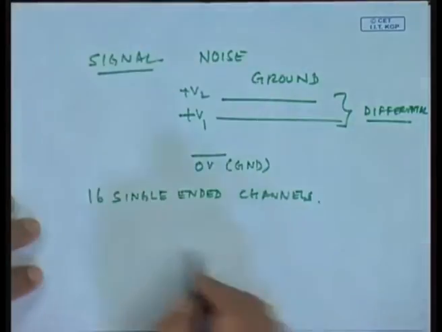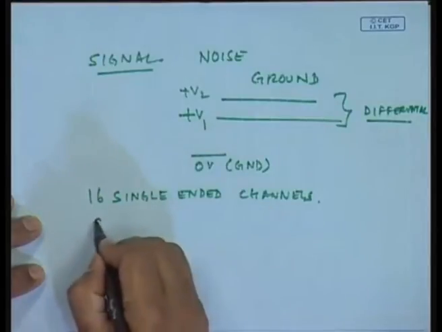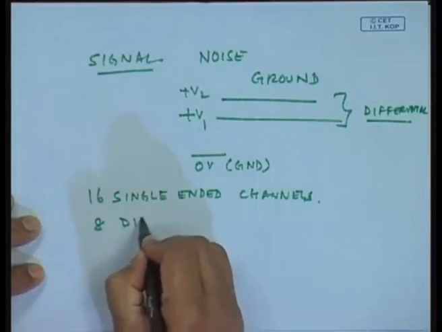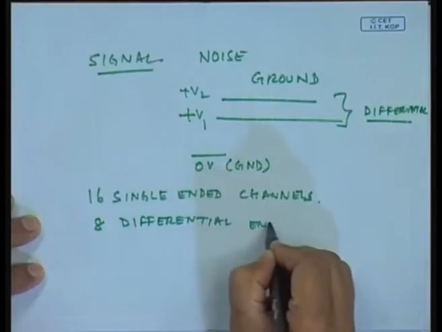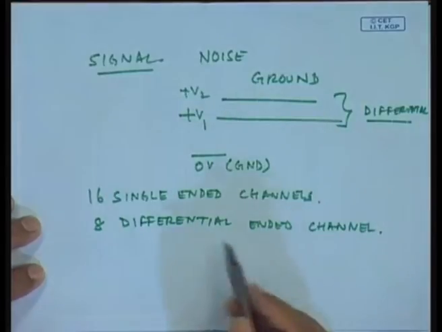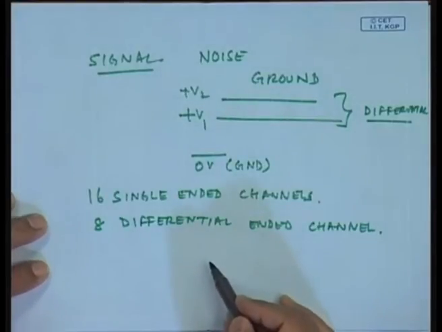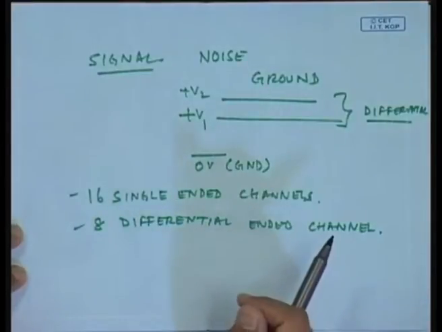So, a 16 channel single ended input will be converted to 8 differential ended channels, and thus the noise will be less. Okay. Because in the A to D conversion process, I should also ensure that I unnecessarily do not bring in a lot of conversion noise or measurement noise into my system. Okay.